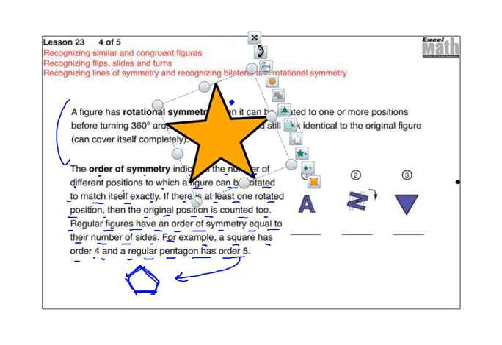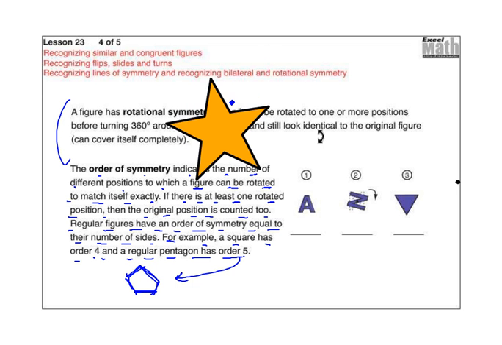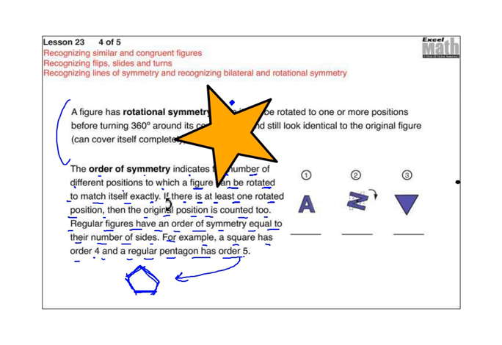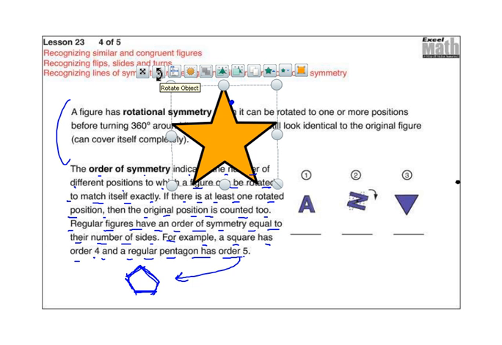And that's one move. So we're going to say that it does have rotational symmetry. And that's 1 so far. And then I keep going 2, 3, 4, and 5 back where I started again. So this shape has rotational symmetry, and it has an order of 5 for that shape.